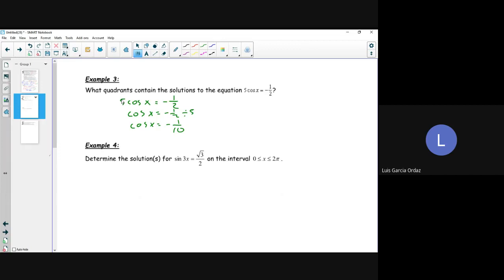Because cos is negative, what quadrants is cos negative in? 2 and 3. So therefore, the solution is contained in quadrant 2 and quadrant 3.